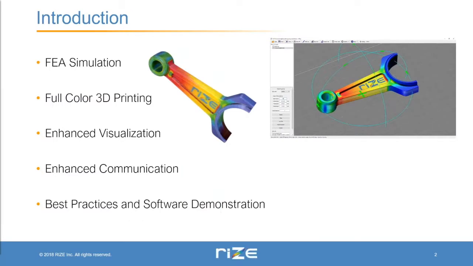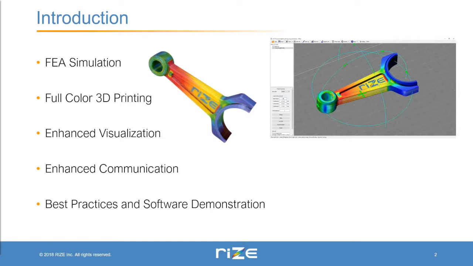So first, quick introduction to some of the things I'll be talking about. First, I'll go over some general ideas of FEA simulation, what it is and what it's used for especially. Then I'll talk a bit about full color 3D printing in general, and once again what that's about and what it's useful for.